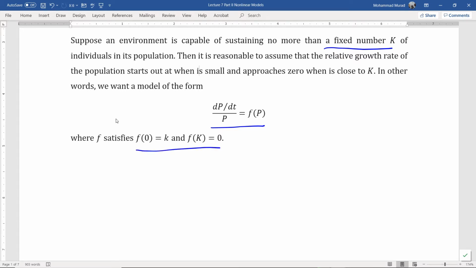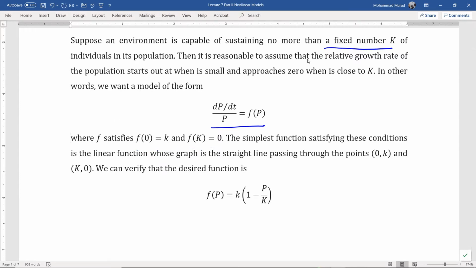Initially, when P is 0, f of 0 equals the small k, the growth rate, and the value of the function f at the fixed number K equals 0. The simplest function satisfying these conditions is the linear function, whose graph is the straight line passing through the points (0, k) and (K, 0).